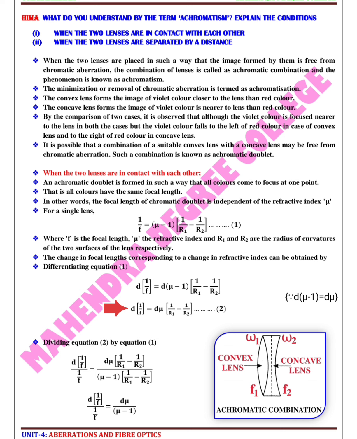This is equation number 2. This tells us how a small change in the refractive index mu affects the focal length f of the lens.